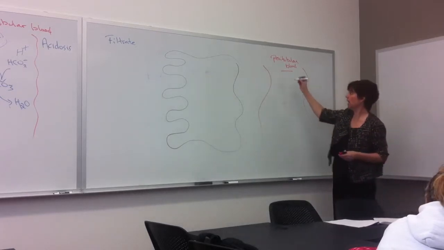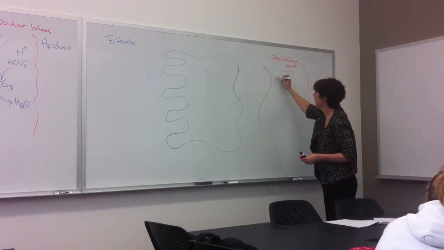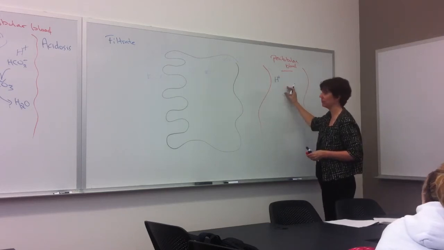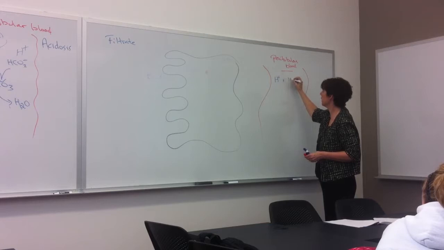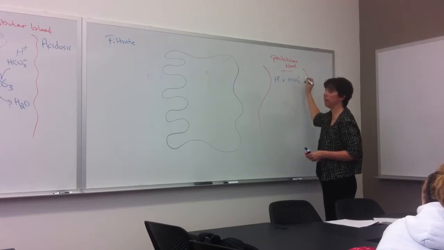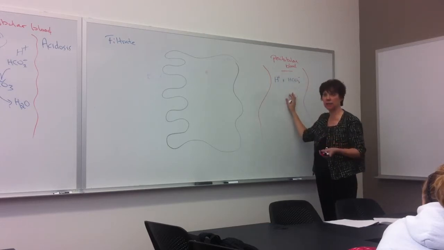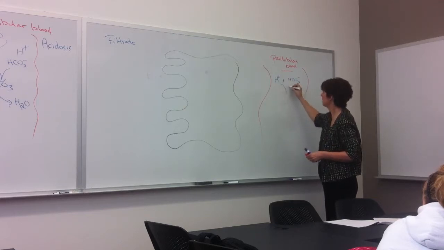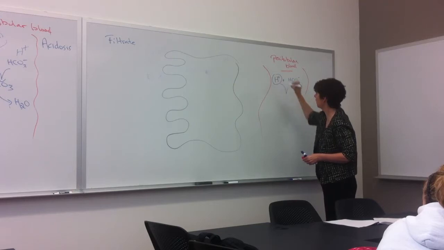So starting with our excessive hydrogen ion in the filtrate, it binds with bicarbonate ions already present in the filtrate because of CO2 or metabolic bicarbonate ions. I'm going to circle this so you can follow it.